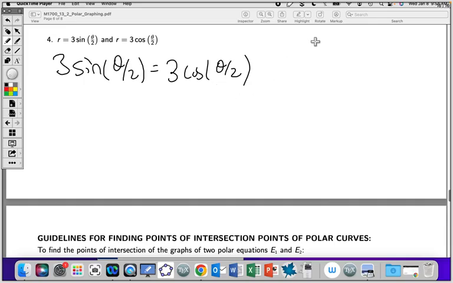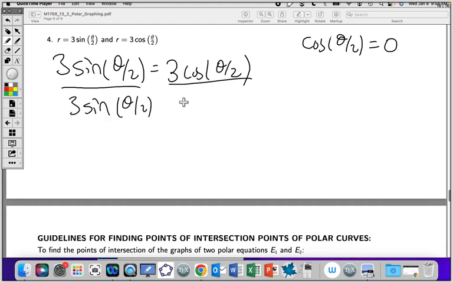And that's going to be fine, because if the cosine of theta over 2 would be 0 in this equation, that would force the sine of theta over 2 to be 0 as well. And sine and cosine can't be 0 at the same time. So we're perfectly fine dividing both sides here by the cosine of theta over 2.